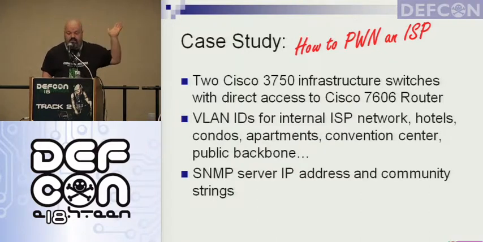Contained in the configurations were VLAN IDs for their internal ISP network, hotels, condominiums, apartments, convention center, public backbone, all this stuff. So I'll talk very briefly about disclosure, because I don't do disclosure. I don't search for bugs and vulnerabilities. But when I came across this one, I thought this is kind of important.